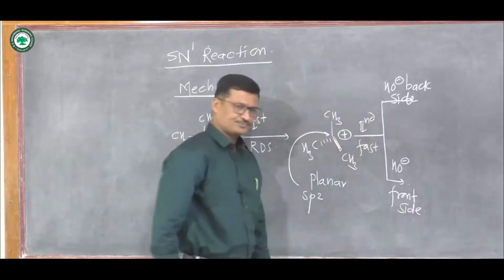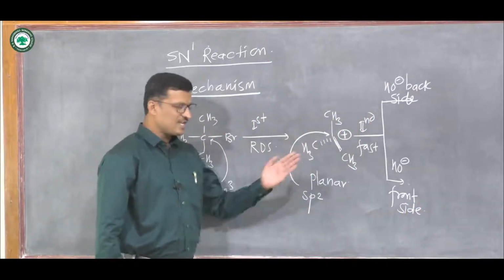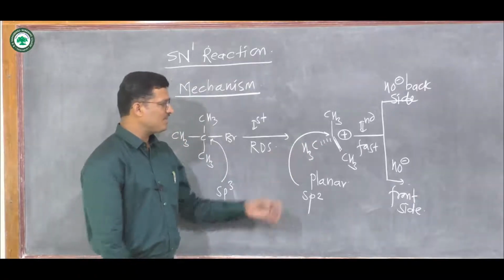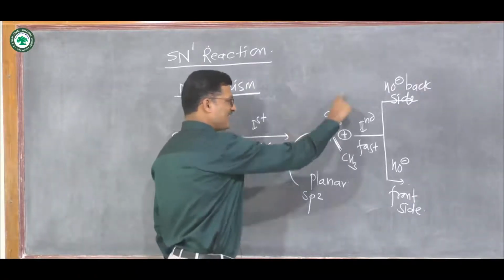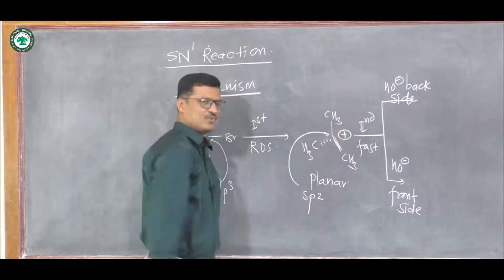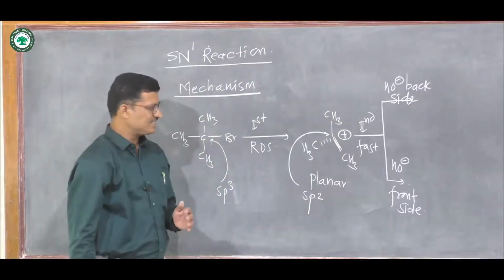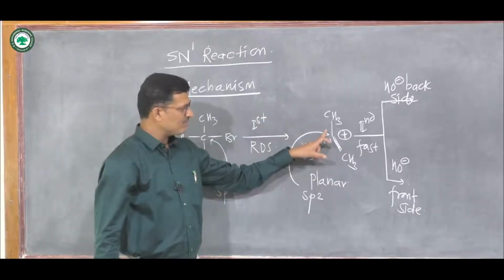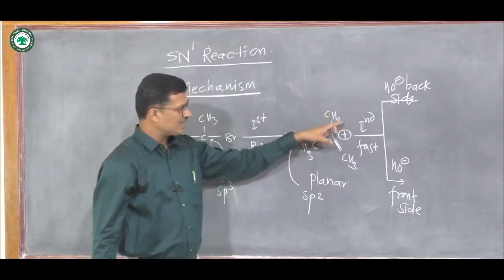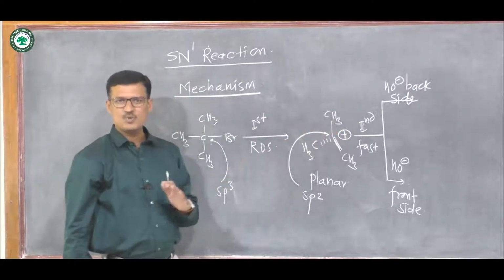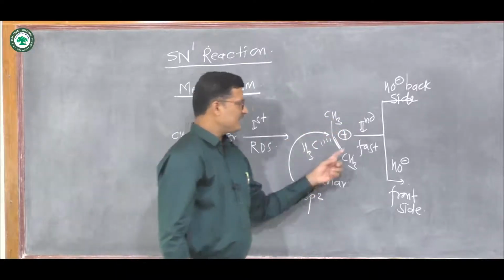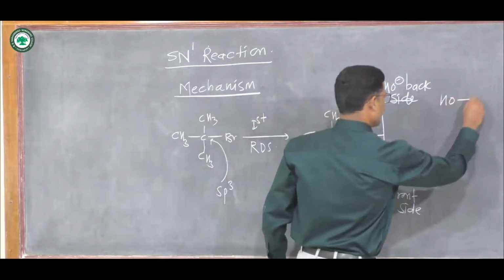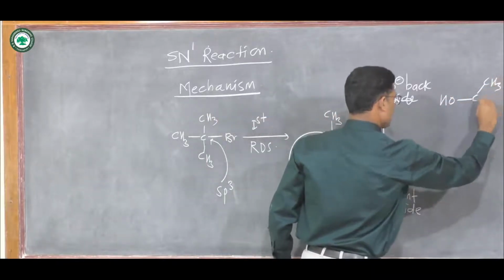Because the carbocation is planar in nature, the probability of backside attack as well as front side attack is theoretically equal. So the attack of the nucleophile from the backside and from the front side is equal. When the attack takes place from the backside, there is formation of such a type of product.